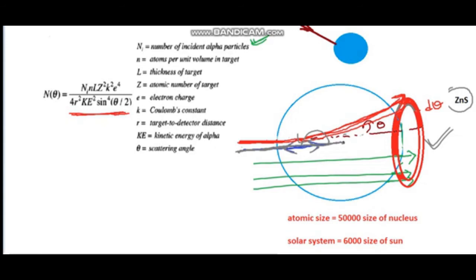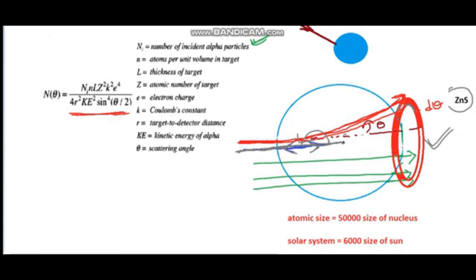So with a smaller scattering angle, you will have more scattered alpha particles. If you increase theta, the denominator will reach its maximum value, and the number of scattered alpha particles will be minimum.